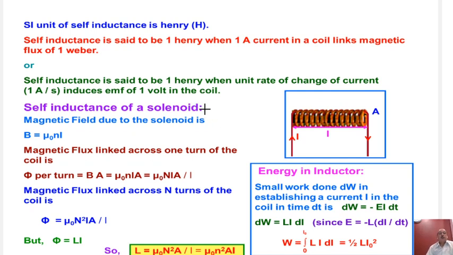Now self-inductance of a solenoid. Magnetic field due to a solenoid is, we know, B is equal to mu 0 n I. Here n is the number of turns per unit length.